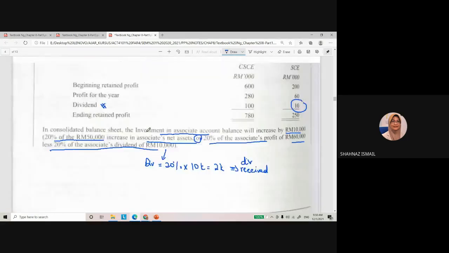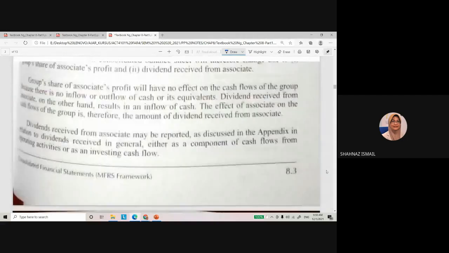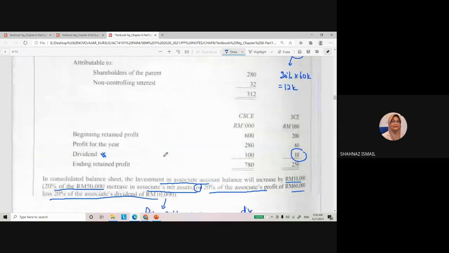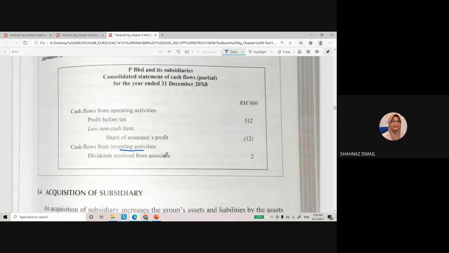Kalau NCI tadi choice-nya adalah financing activities atau operating. Tetapi untuk dividend associates dia di bawah sama ada operating ataupun investing. Okay, dan ianya merupakan inflow. So inflow kita tak bracketkan, dia campur.